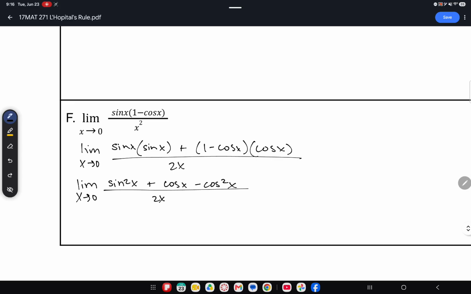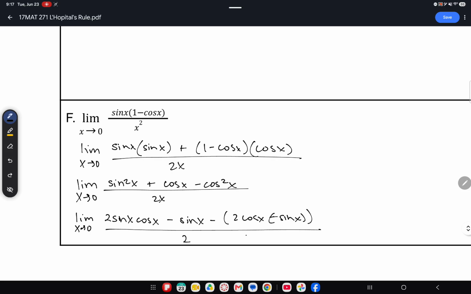All right, so might as well try and do it again. And hopefully this will work out to be something nice. So let's see, that is going to be 2 sine of x cosine of x minus sine of x, and then minus, and we'd have 2 cosine of x times negative sine of x, and then all over 2.